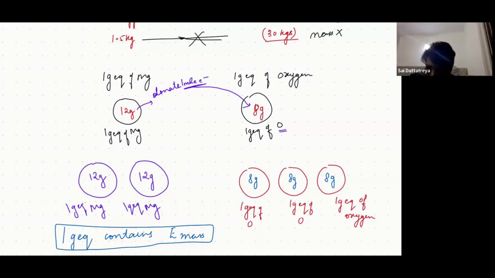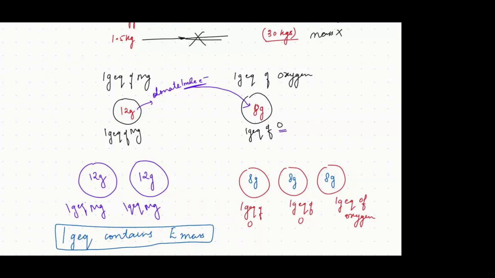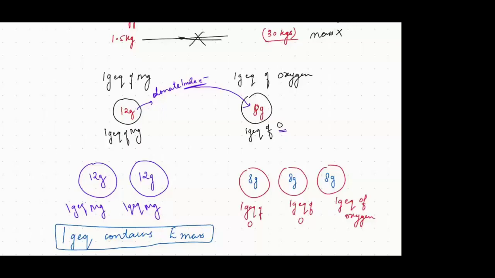And 1 gram equivalent packet, whatever mass of that element is being filled in there, it would lose or gain 1 mole of electron. You understand? So 1 gram equivalent shall contain equivalent mass. Now you tell me, a very simple rule: will this 12 grams give off 1 mole electrons?